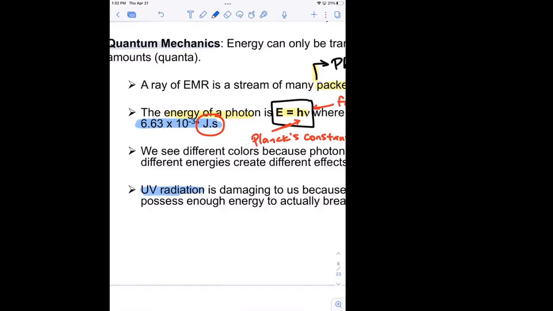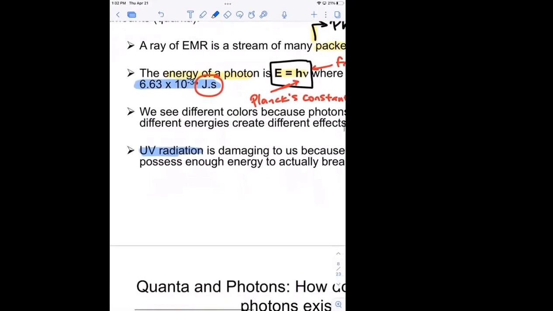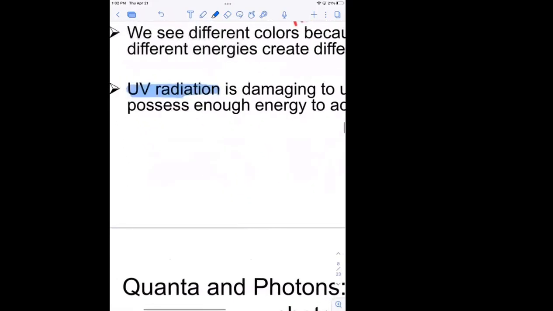And the reason why UV radiation is problematic and you want to limit your exposure to it, just like any other high energy radiation, is because you can break bonds with UV radiation. So I showed this example to the class this morning.